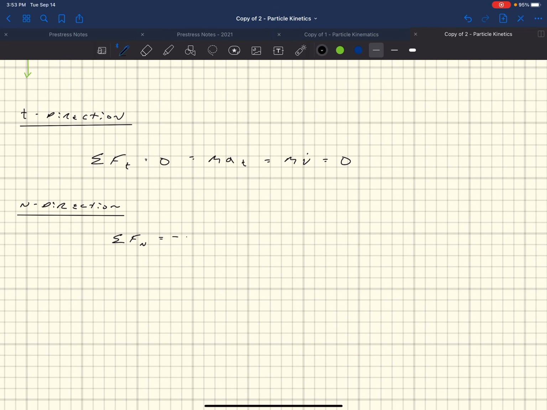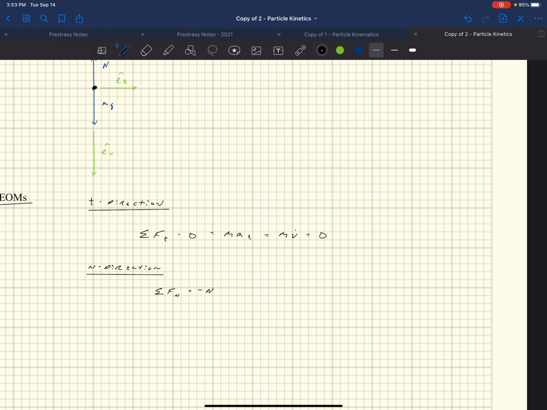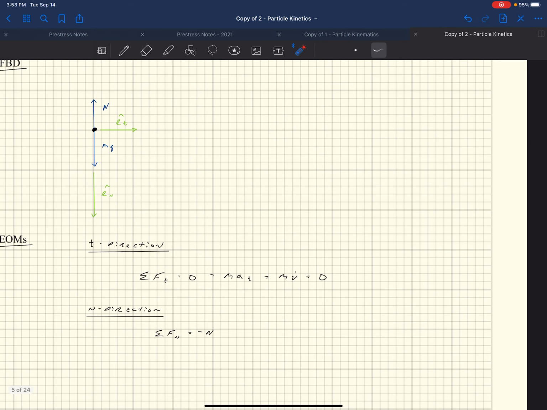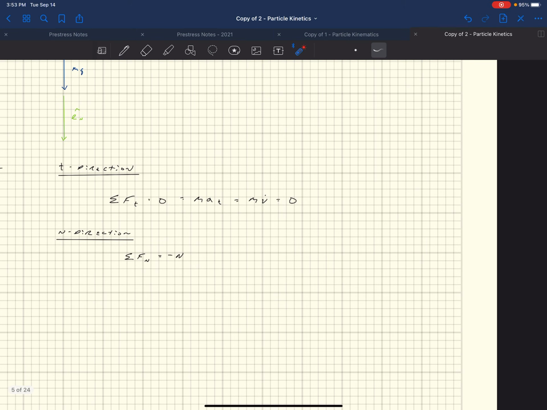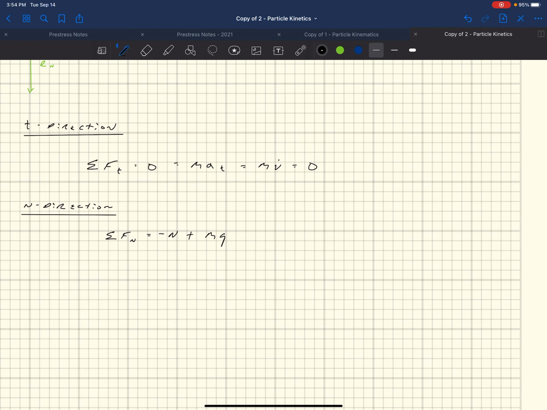So this is a minus N. You can look here: e_n is going this direction, N is going the other way, so it's the negative n direction. But then mass times gravity is acting in the positive direction, so that's going to be a positive mass times gravity. And that is equal to mass times a_n.